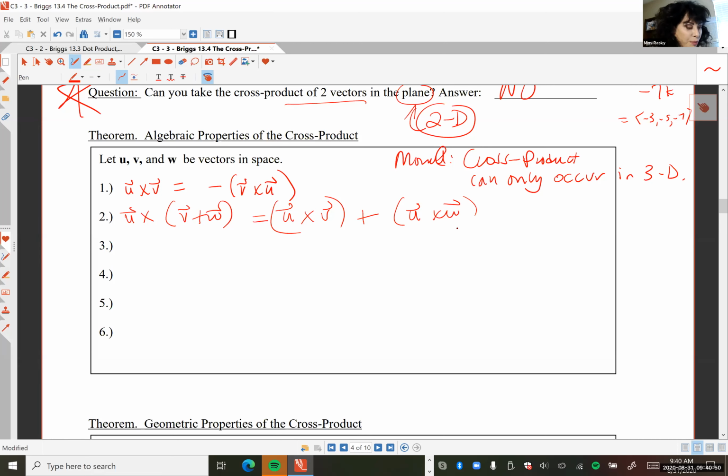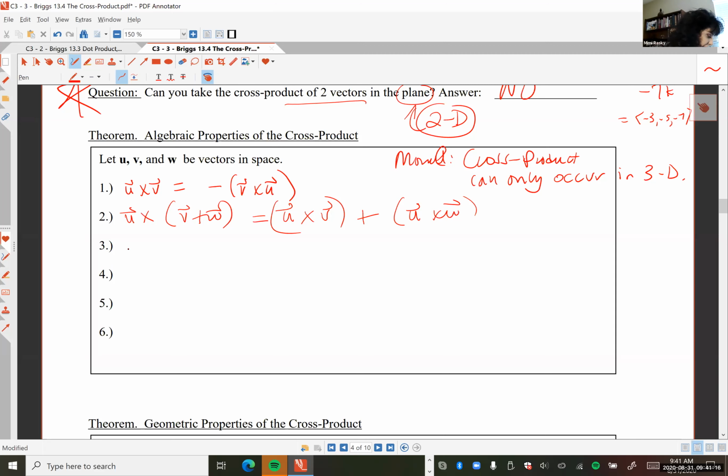Why? There's 2 cross products I have to perform on the right-hand side. And I hope that you get that the cross product is a pain in the butt. And it's very, very vulnerable to little silly mistakes. So if you open yourself up to making more silly mistakes by doing more than one cross product, you could very easily open yourself up to getting a wrong answer, and then you're going to get all frustrated.